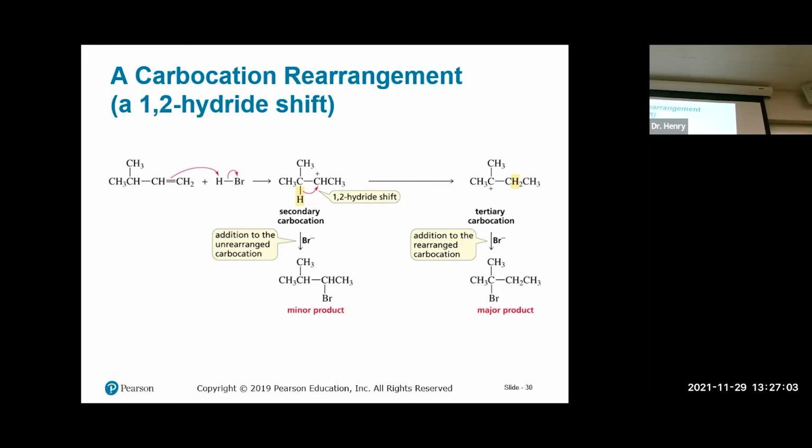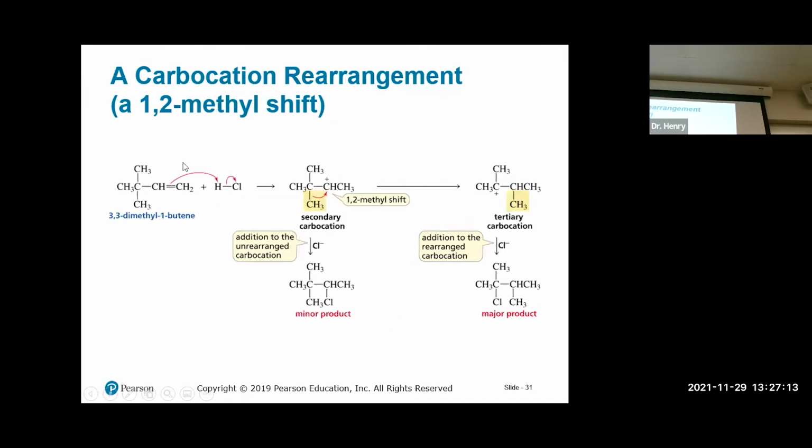Okay, now the same thing could happen here if we have, let's say, a methyl group here instead of a hydrogen, right? So we could get a 1,2 methyl shift. Same premise. The double bond is providing the electrons to the hydrogen. The hydrogen is then providing electrons to the chloride to form the chloride.